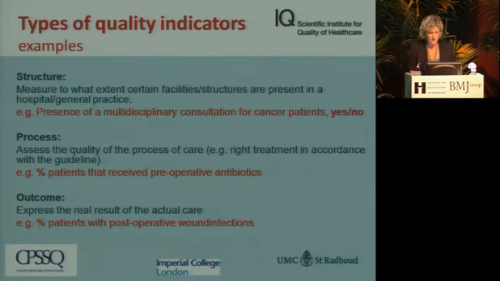An example of that is the percentage of patients that received pre-operative antibiotics. And with outcome indicators, we can express the real result of the actual care. For example, the percentage of patients with post-operative wound infections.